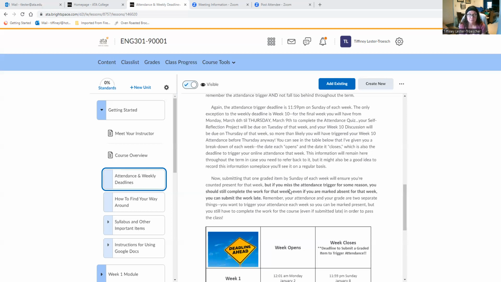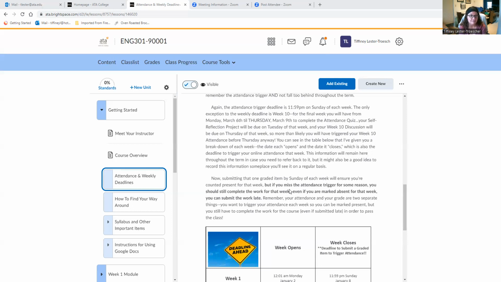But remember, your attendance is not the same thing as your grade. So let's say you have a week where all you're able to do is submit the attendance quiz. You get counted present for that week, but you still have to make sure that you are going through the lessons and completing the homework assignments at some point, even if they're late, because your grade is dependent upon your assignments, not your attendance.